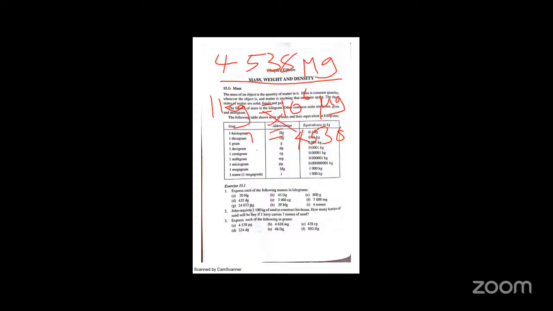When you cross multiply, you have 1 times 4,538 divided by 1 million. When you divide, you simply have your answer as 0.00453 kilograms.